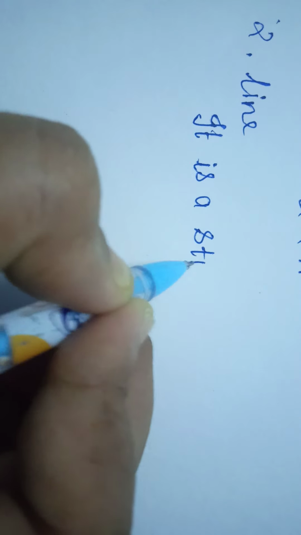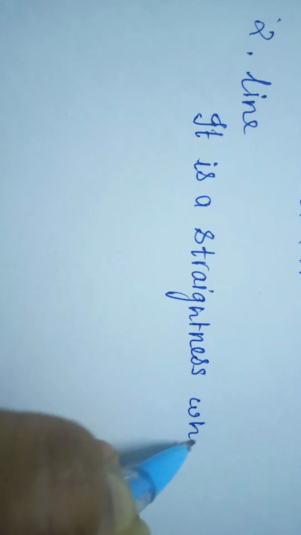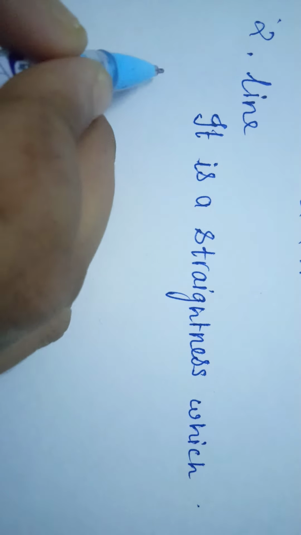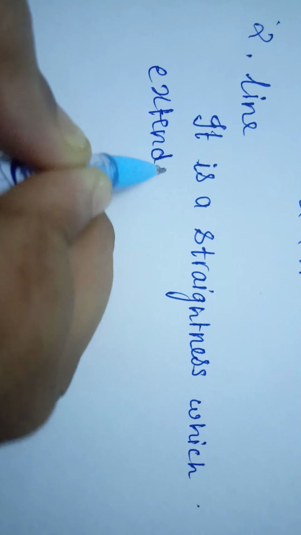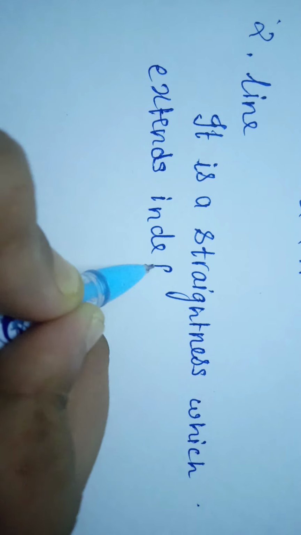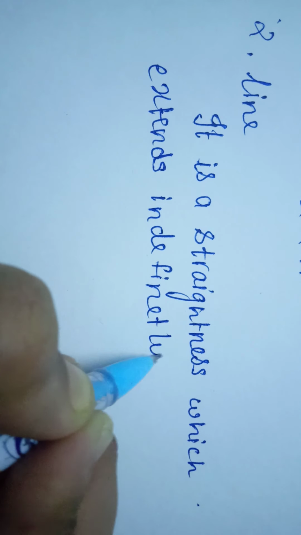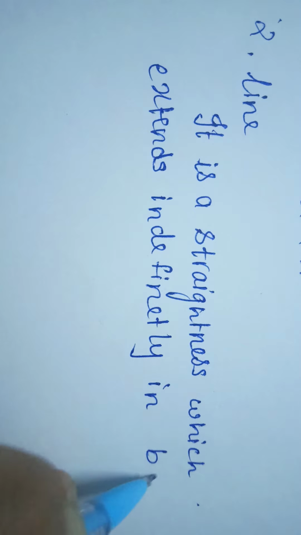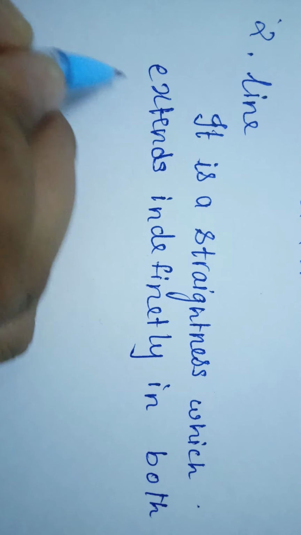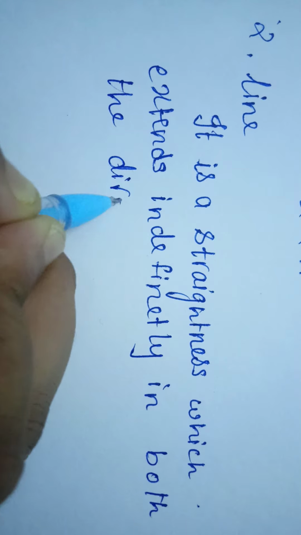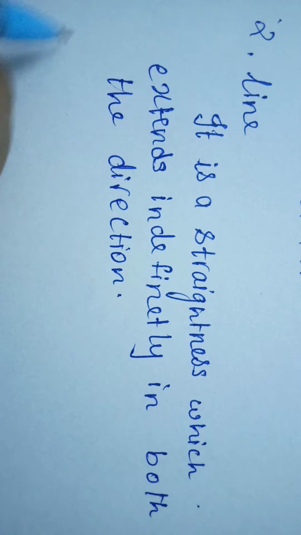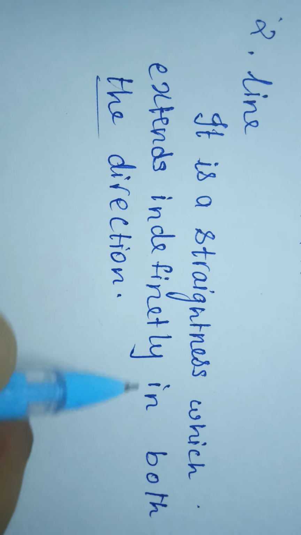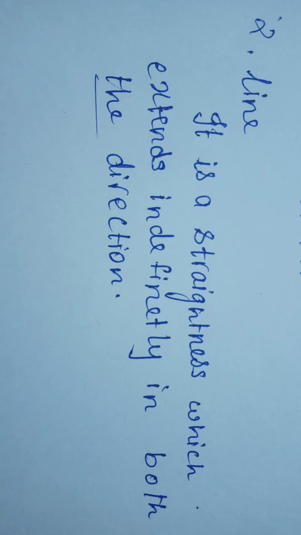We can define line as it is a straightness which extends indefinitely in both the directions. Okay, so it is a straightness which extends indefinitely in both the directions.